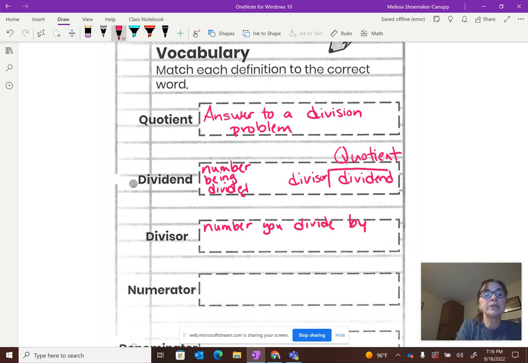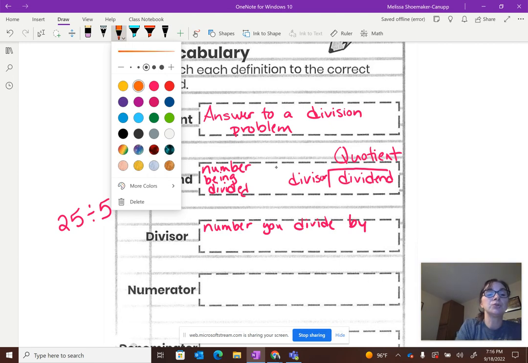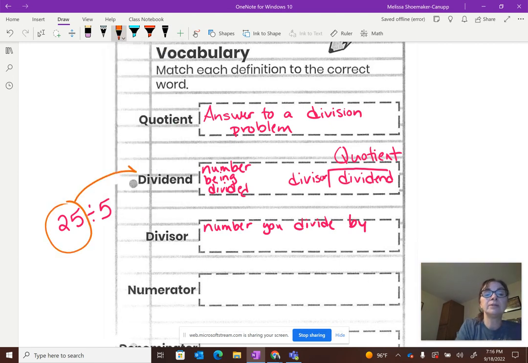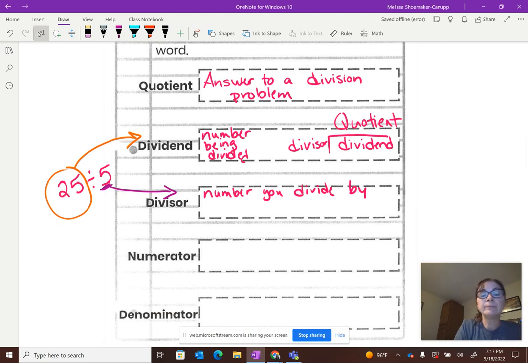Okay, so for instance, if I have 25 divided by 5, 25 would be the dividend. 5 would be the divisor. Okay, the numerator, remember that's in a fraction, so when I have the fraction 1/2, the numerator is the top number.